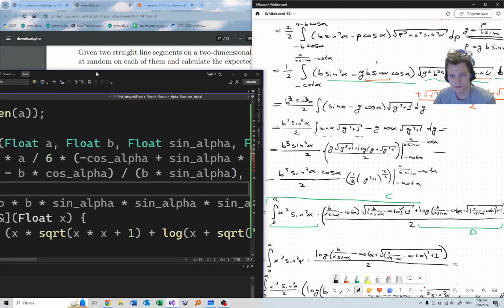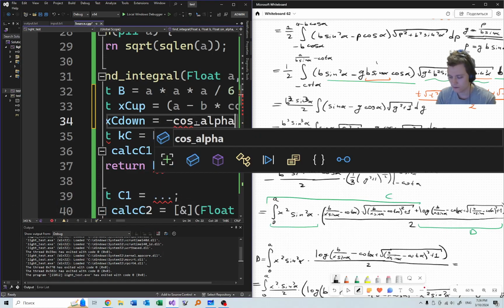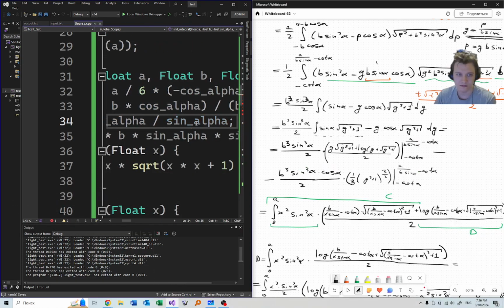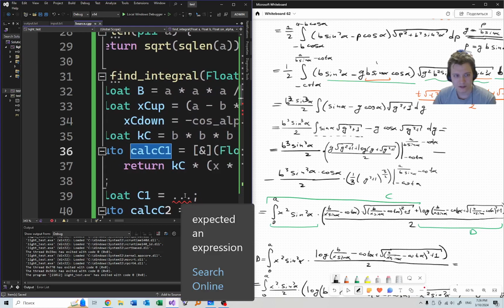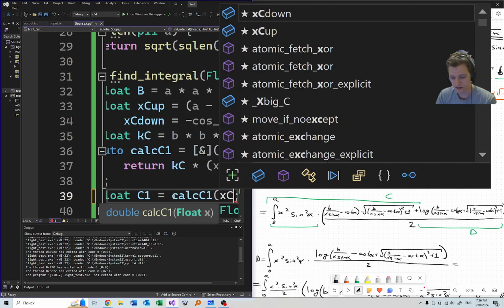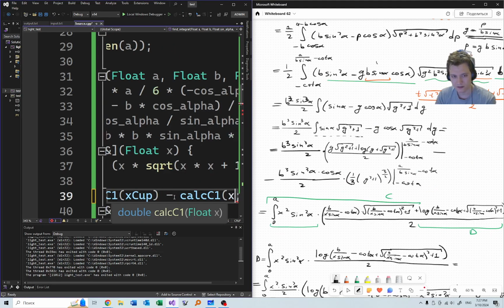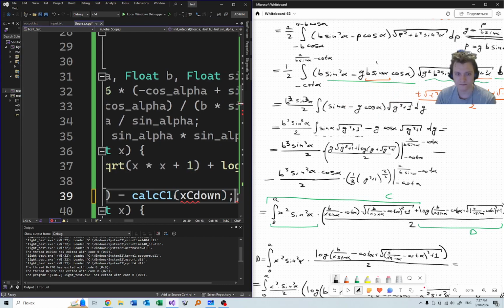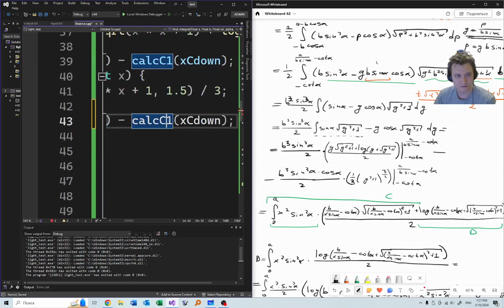And xc down is just minus cos alpha over sin alpha. So float c1 is calc c1 of xc up minus calc c1 of xc down. And the same for c2.